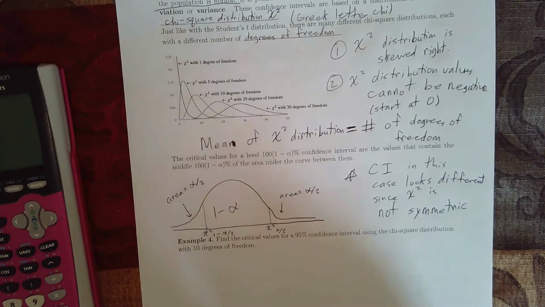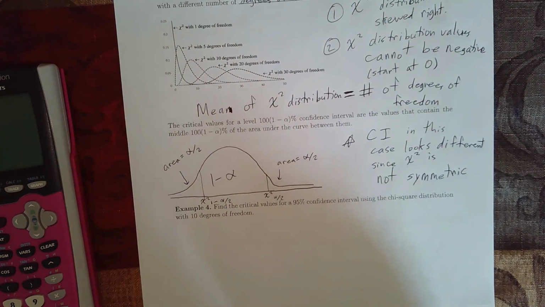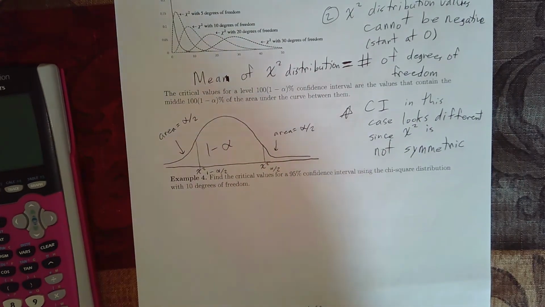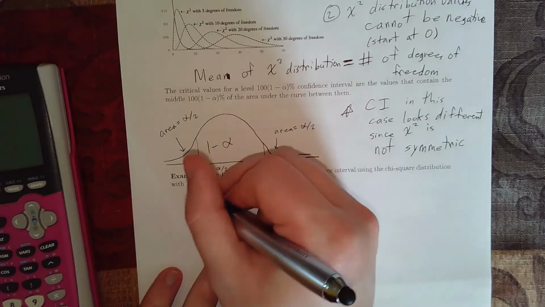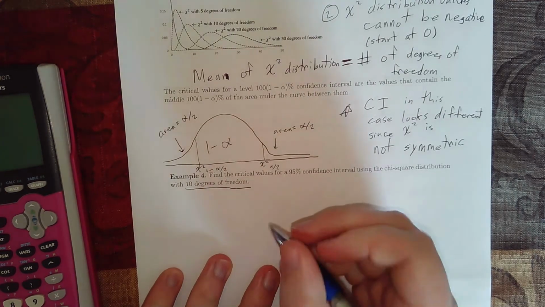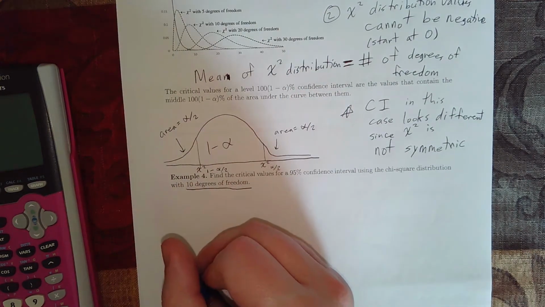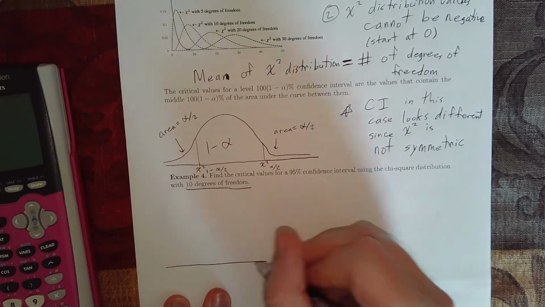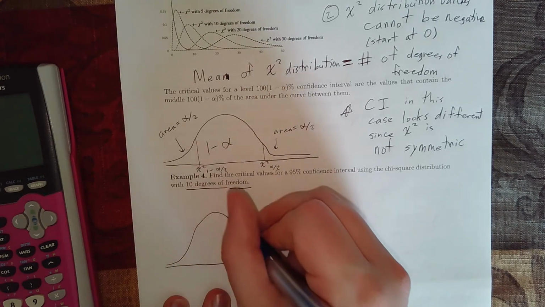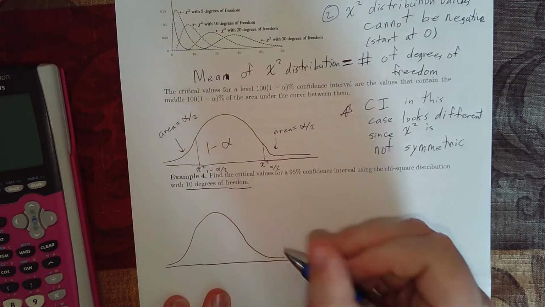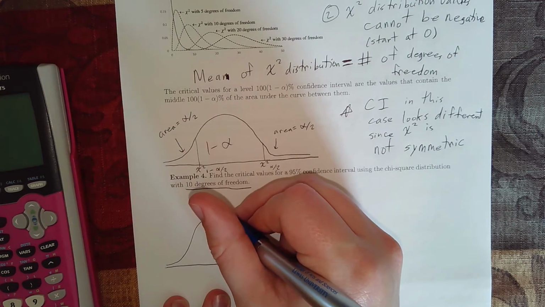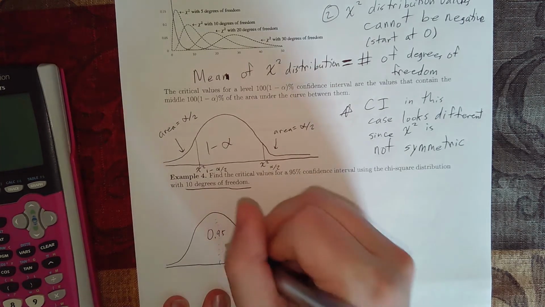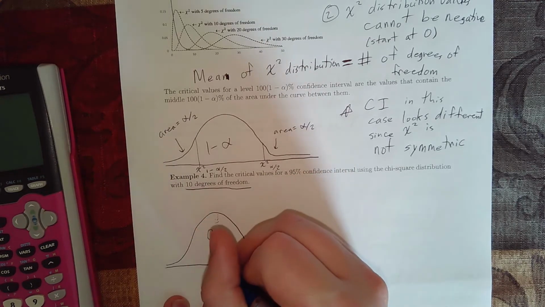So let's say we wanted to find the critical values for a 95% confidence interval using the chi-squared distribution with 10 degrees of freedom. So let's point out some nice features of the chi-squared distribution. We'll have this 0.95, the 95% middle here. The mean will be somewhere around here.